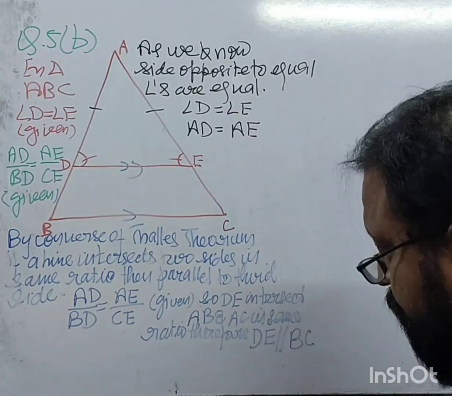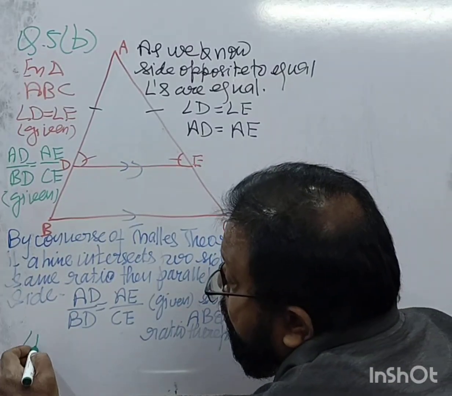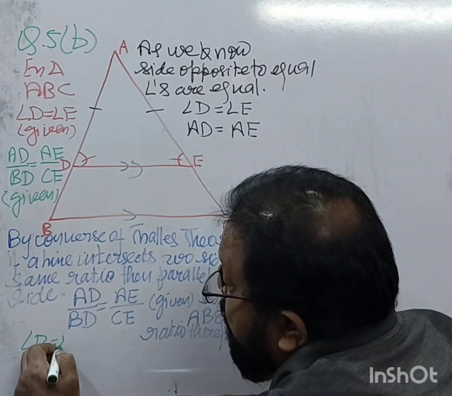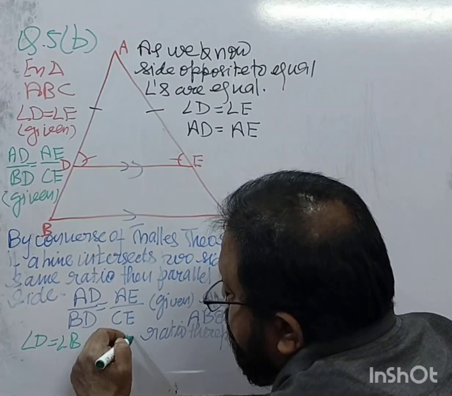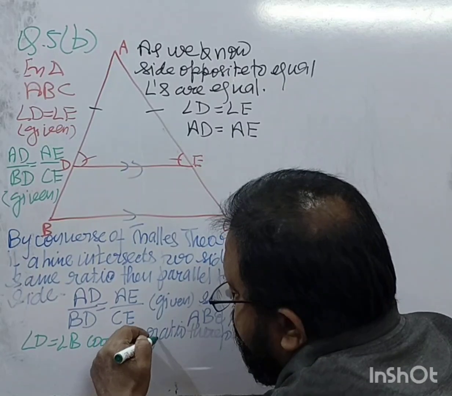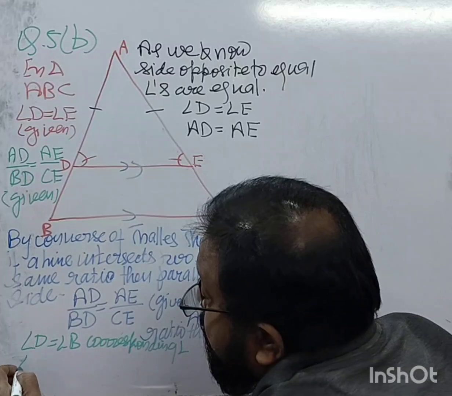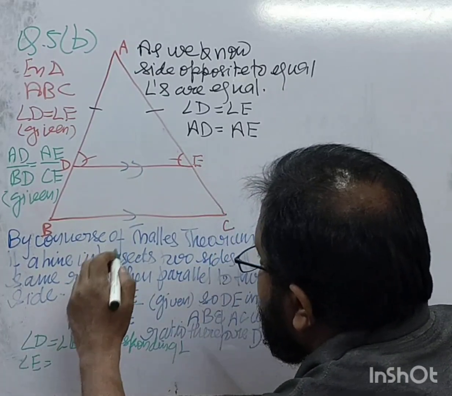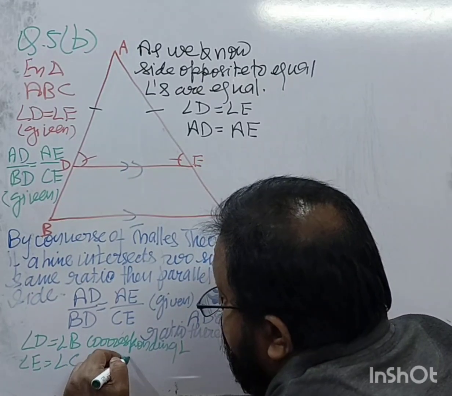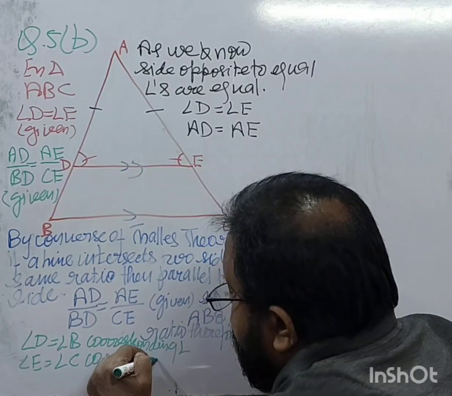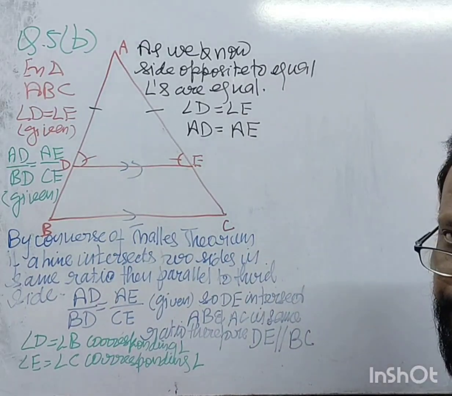So angle D is equal to angle B, corresponding angle, and angle E is equal to angle C, corresponding angle, right?